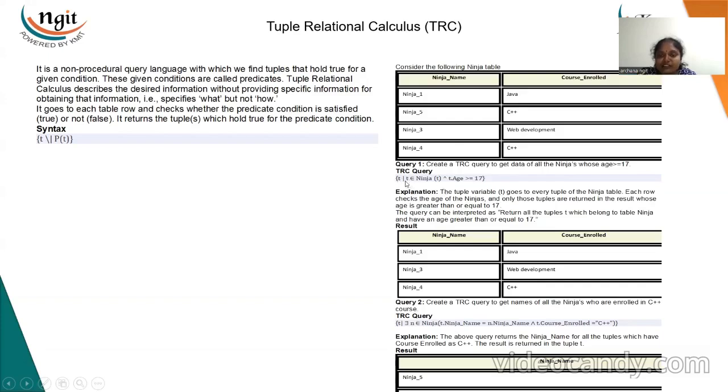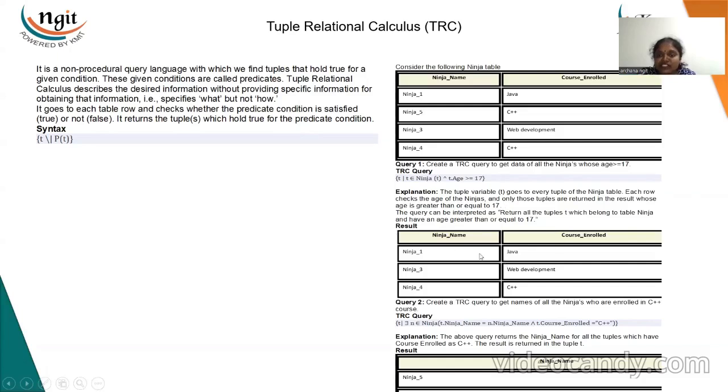Here this set of records belongs to the table called ninja, and we are applying the condition to every record, where age is greater than or equal to 70. So I'm going to get a set of records which match this particular condition. A group of records or tuples are going to be retrieved, but not one particular record. That is the speciality of tuple relational calculus.